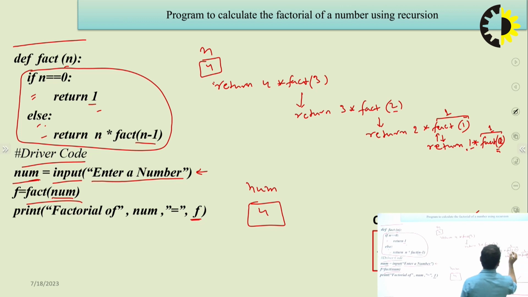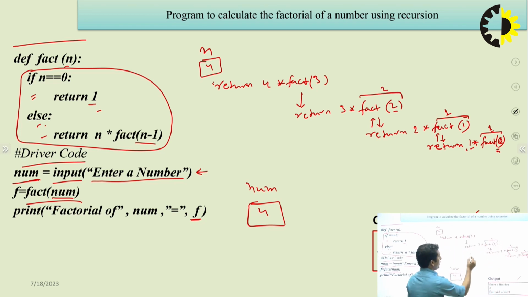Now calculate 2 into 1, that is 2, return 2. Now return 3 into 2, that is 6, to its calling point, where we called fact(3). So we will get 6 at this point.